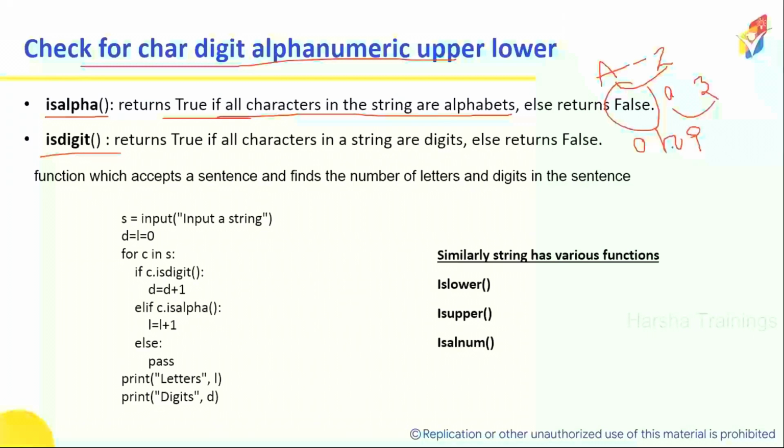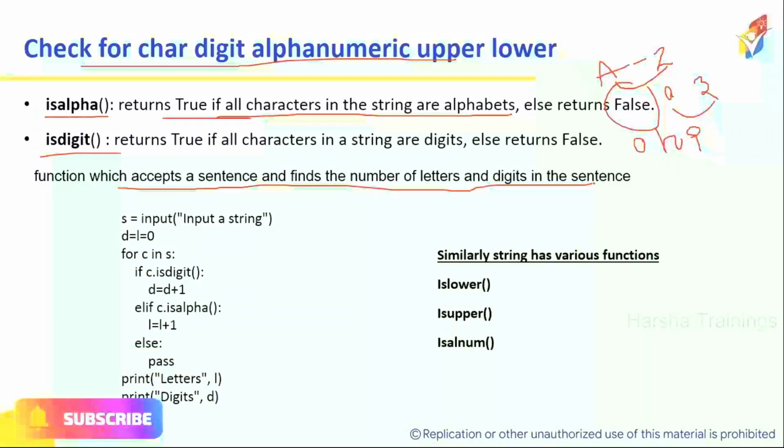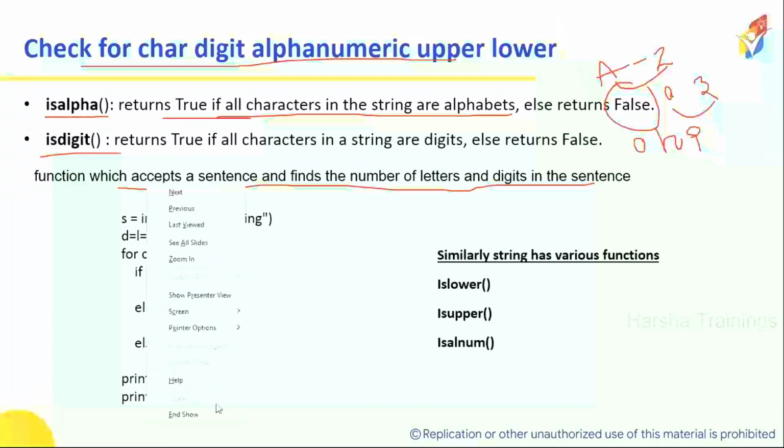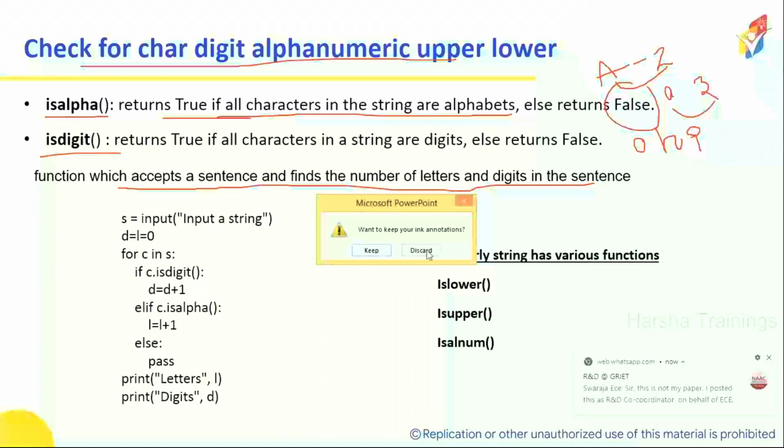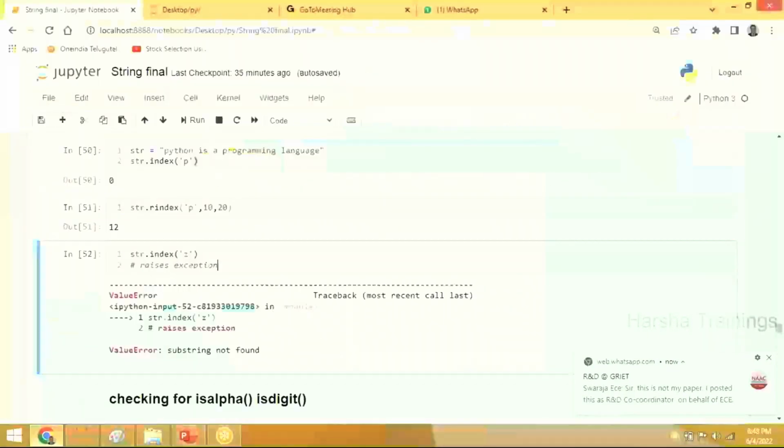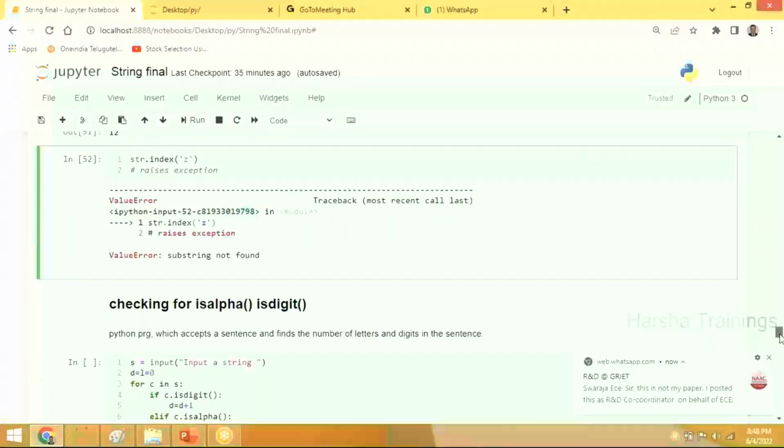Now shall I write a small application with this? Write a function which accepts a sentence and finds the number of letters and number of digits in the given sentence. Shall I go? Yes. Now let me take this application in a Jupyter notebook.